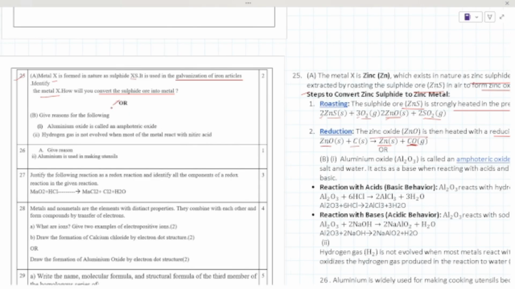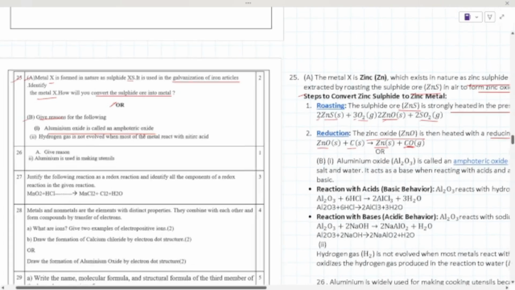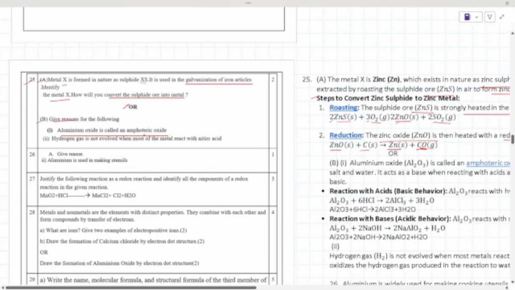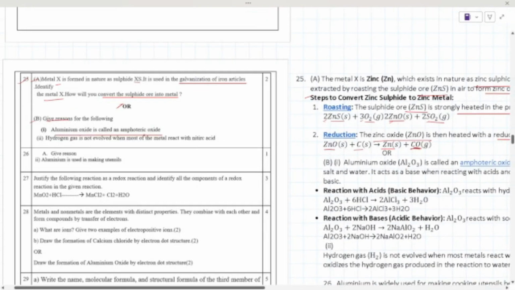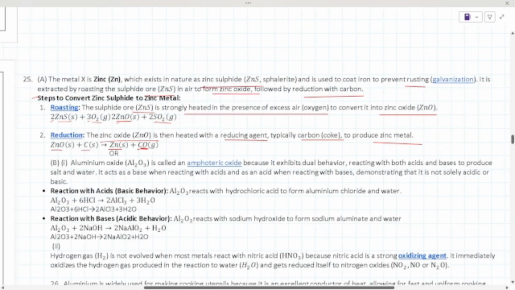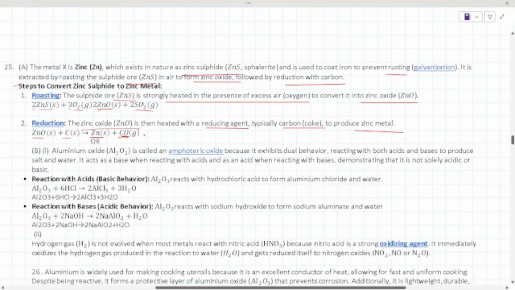Again, in an OR question only one can be done, either A or B. Let's see B, where you have to give the reason. Aluminum oxide is called an amphoteric oxide because it shows the properties of both acidic and basic oxides.